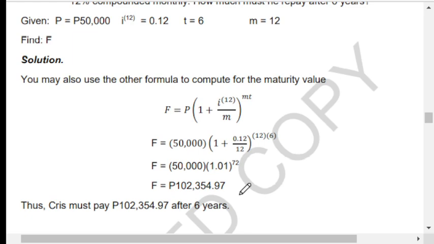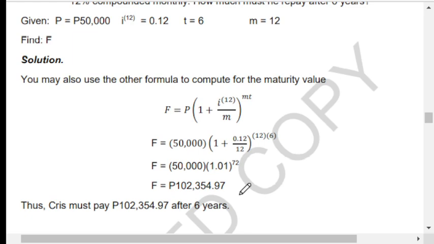So 0.01 plus 1 is 1.01. So you are going to multiply now 50,000 times 1.01 exponent 72, because you are multiplying 12 number of conversion periods times 6 years, not 6 months.